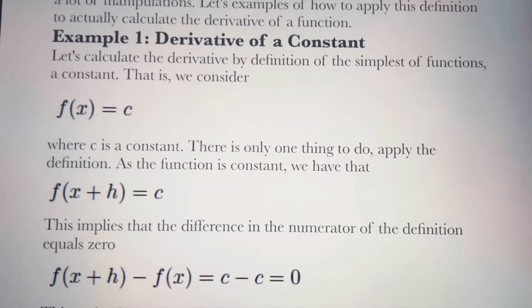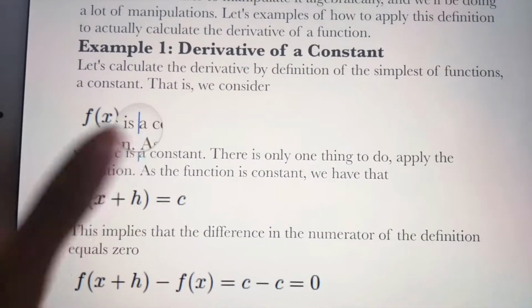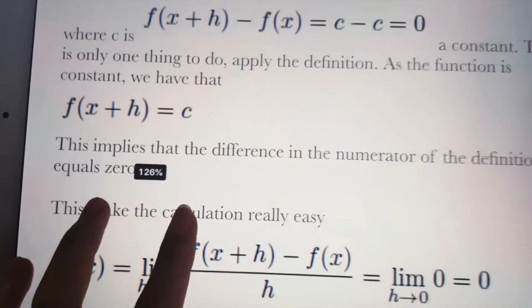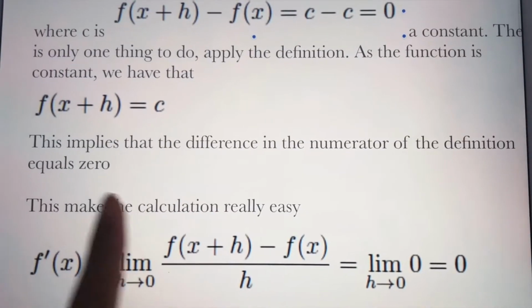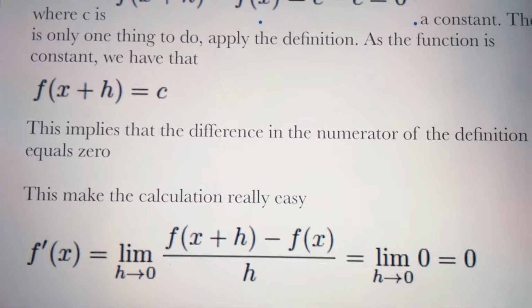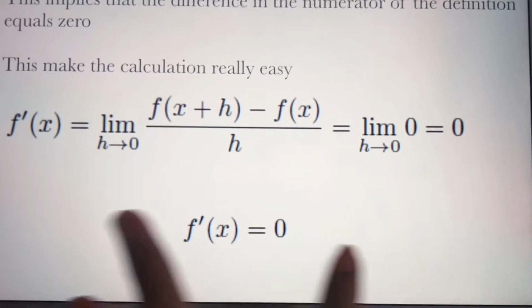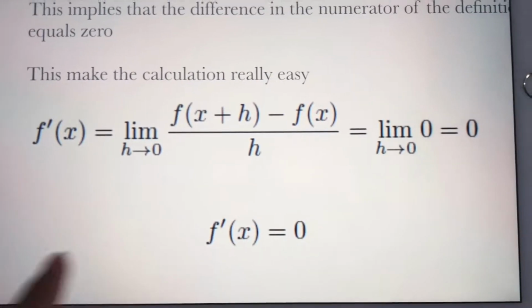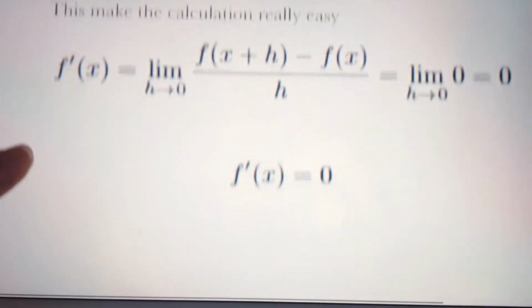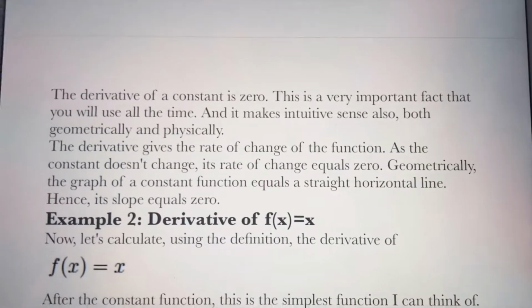As the function is constant, we have this equation, and this implies that the difference quotient in the definition equals 0. This makes the calculation really easy. Let me give you 3 seconds to watch this. And then the derivative of a constant is 0.